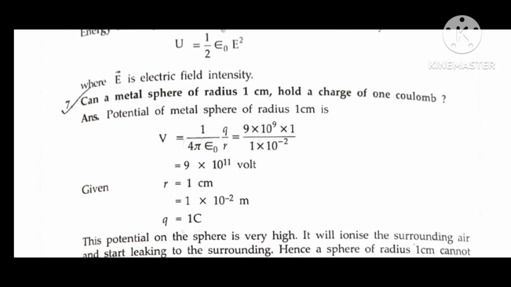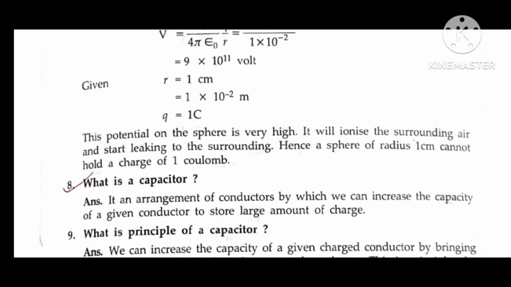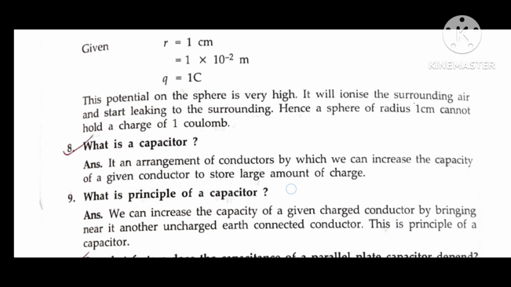Now R is equal to 1 centimeter, that is 1 into 10 to the power minus 2 meter, and Q is equal to 1 coulomb. This potential on the sphere is very high. It will ionize the surrounding air and start leaking charge to the surroundings. Hence, a sphere of radius 1 centimeter cannot hold a charge of 1 coulomb.